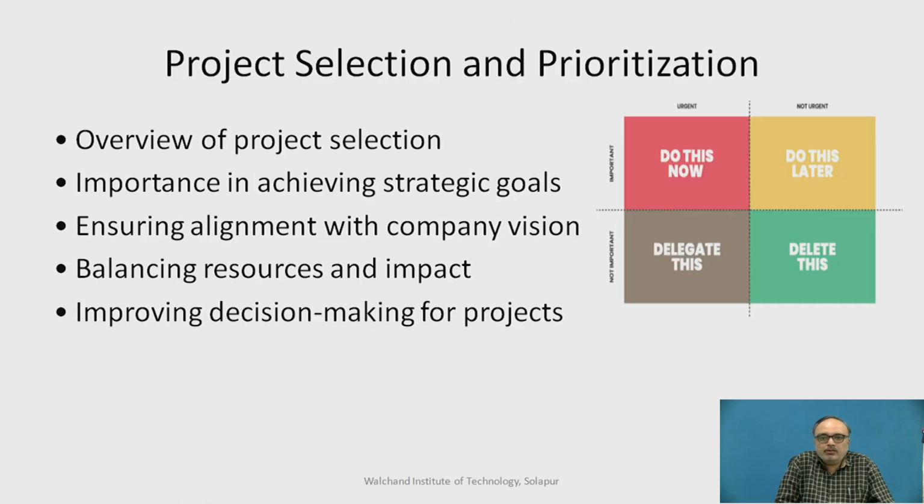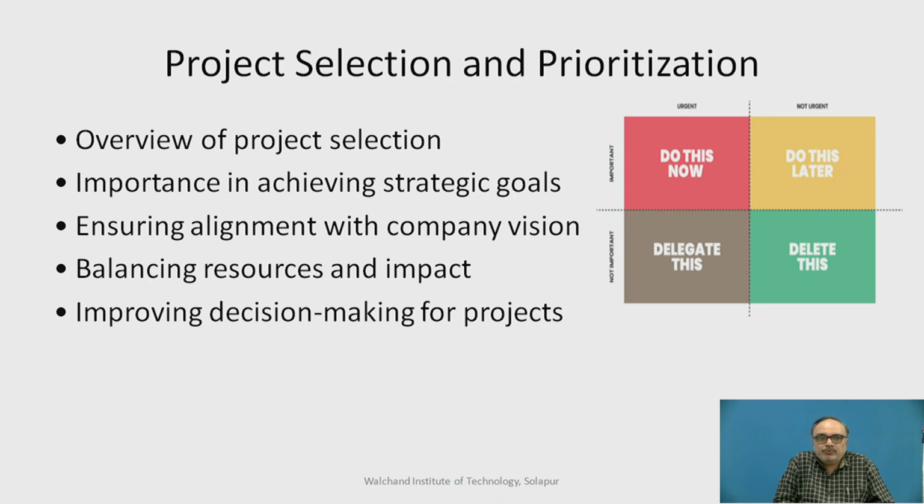Now, in the figure, it is shown how the selection can be made and how the priority has been decided, as the overview of the project selection: the importance in achieving the strategic goals, ensuring the alignment with the company vision, balancing the resources and impact, improving the decision making for projects.